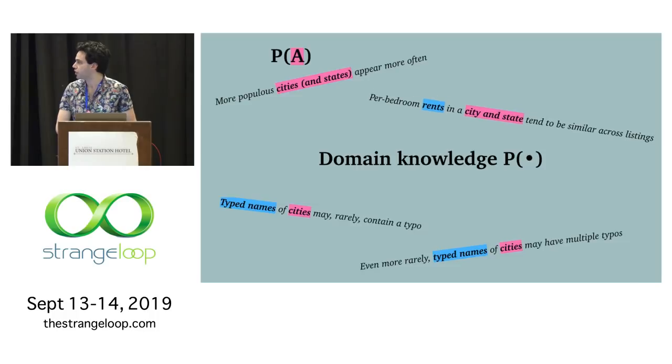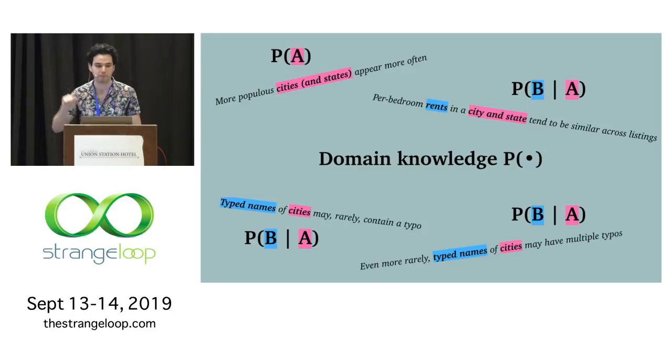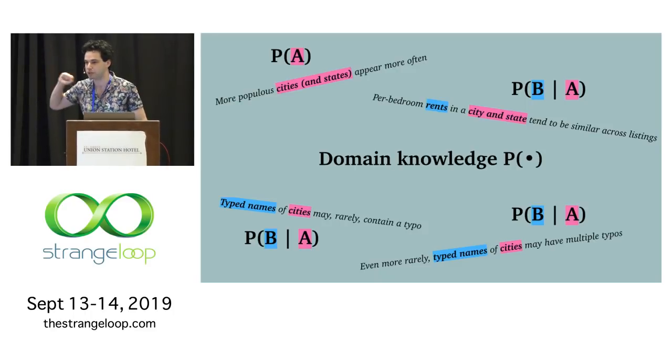And some of the domain knowledge, which I'm going to denote P of A, is domain knowledge telling us which values of A, which values of our unknown variables, are just more or less likely, unrelated to the rest of the data, right? But the other pieces of our domain knowledge, called P of B given A, tell us for a particular value of A, so you should think of that A as actually being filled in with Beverly Hills, California, or Beverly Hills, Missouri, right? For a particular value of A, what distribution over B does it induce?